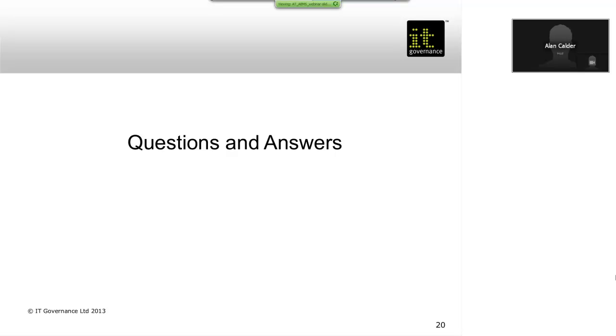Another question which comes in is slightly more financially oriented: how would you measure the ROI, the return on investment, on implementation of an anti-bribery management system? Well, I suppose there are two key comments I would make. One is, of course, that if we're talking about the UK here, everybody has to comply with the Bribery Act.